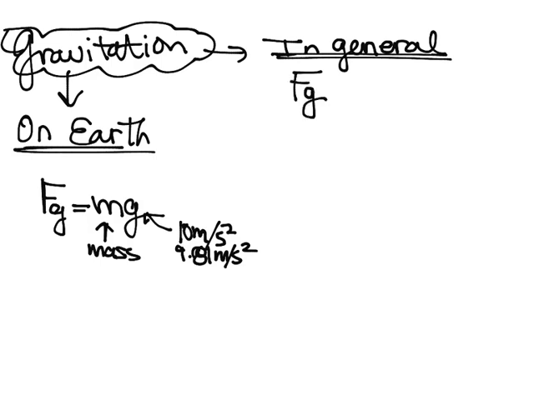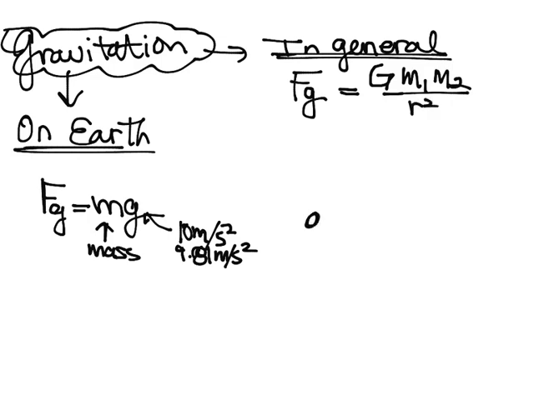In general, you saw this last night, the universal gravitation equation, and this is for the Earth, this is for the Moon, this is for everything. The force of gravity between two objects is capital G, which is a special number, times m1 m2 divided by r squared.